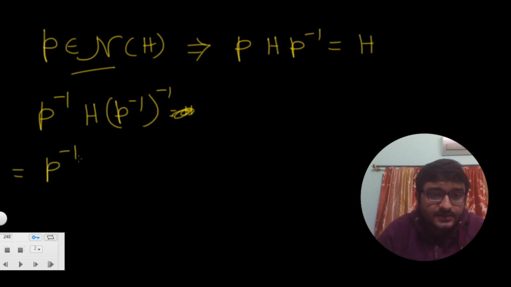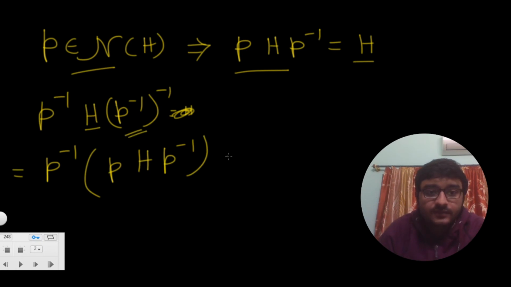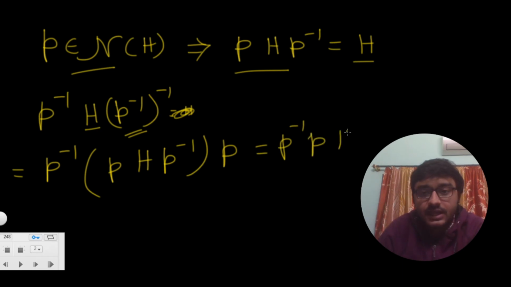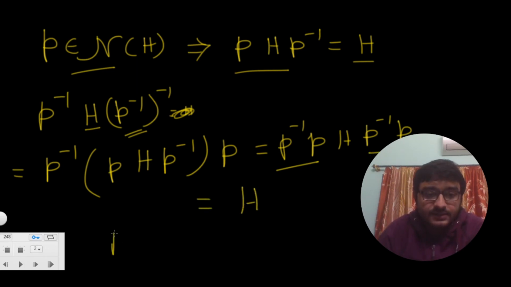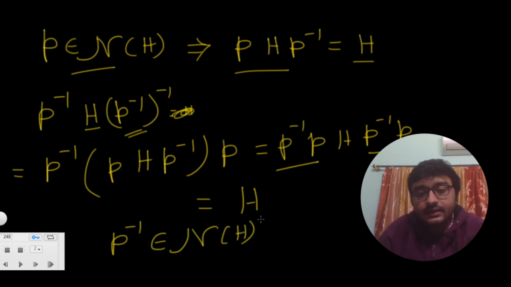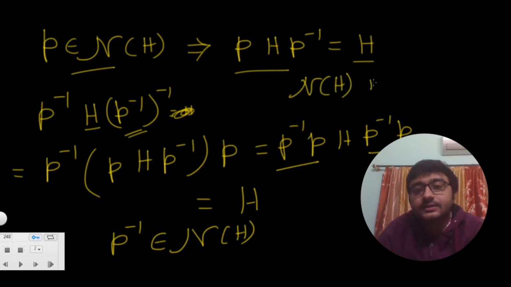For this H we put the value, because H is equal to pHp inverse. So we get p inverse p H p inverse p, and the inverse of p inverse is nothing but p. Here p inverse p is the identity, and p inverse p is the identity, so that will be H. So p inverse also belongs to this N_H. This implies that N_H is a subgroup of G.